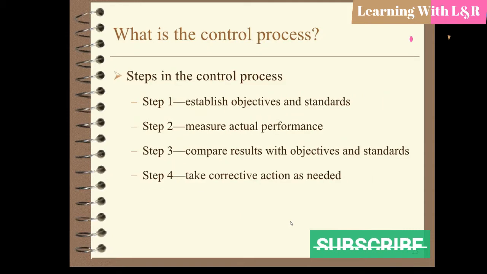Okay, then there are various steps that come under the control process, a total of 4. The first one, establish objectives and standards, then measure actual performance, compare results with objectives and standards, and take corrective action as needed.